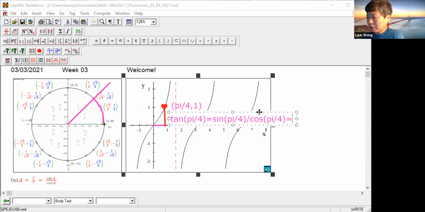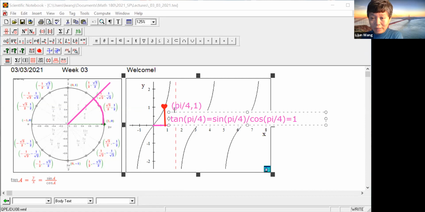Now the question is, because we're studying the domain and range of tangent, we understand that pi over 2 cannot be in the domain of tangent, right? We talked about that yesterday, yes? That's why we have this vertical asymptote.